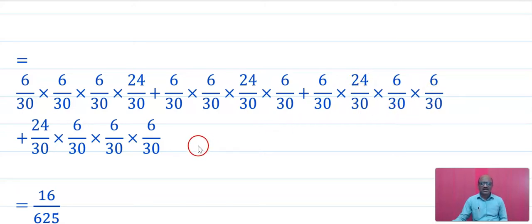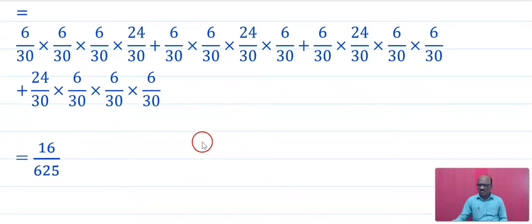Again, these are the combinations, you can perform this. And overall, after the calculation, you will get 16 upon 625.